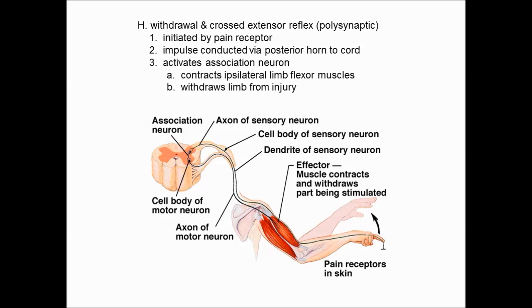So let's say you burn your hand, you'll pull your hand away from the site of injury and extend the other one, and that keeps your balance. So it's a crossed extensor reflex. It also occurs when you step on something sharp: you withdraw that limb and you extend the other so you don't end up on the floor.